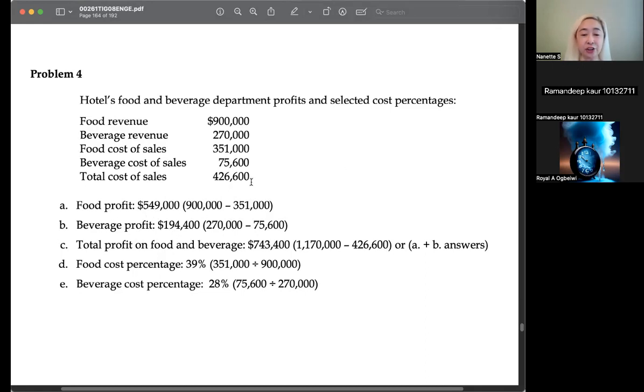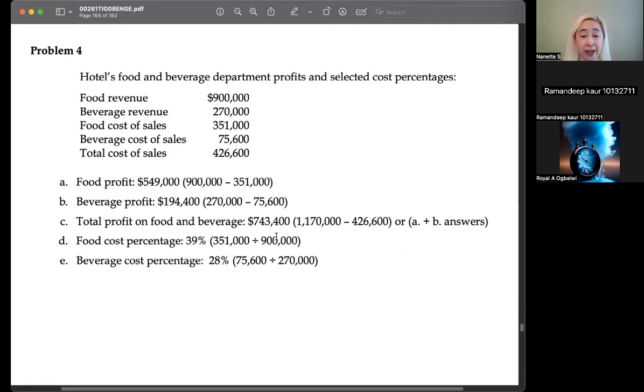The same with beverage profit, you get your beverage revenue minus your beverage cost of sale. That's 270,000 minus 75,600. That would give you a profit of 194,400. To get the total profit on food and beverage, you get 1.170 million minus 426.